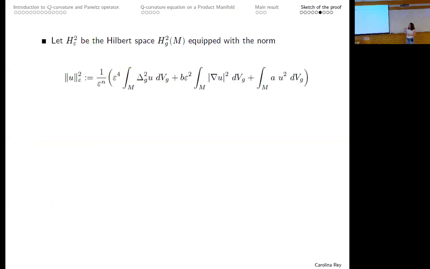Then we need to define the space where we are looking for solutions. It will be the Hilbert space given by H2 with this norm.